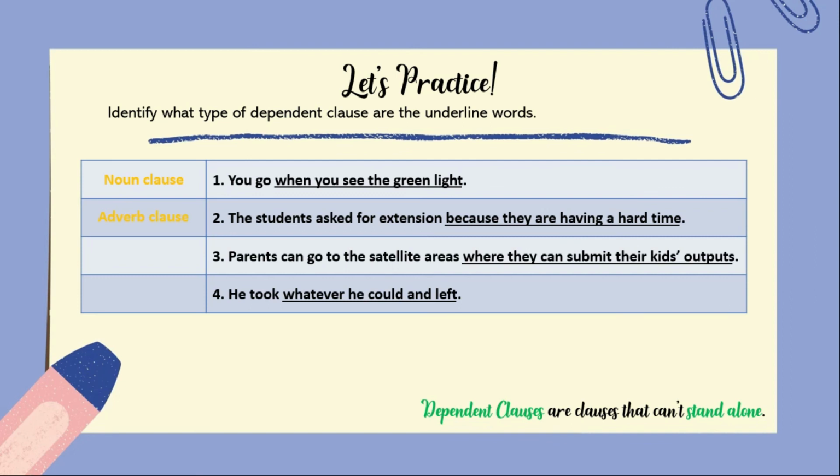Answer: adverb clause. Number 3. Parents can go to the satellite areas or they can submit their kids' outputs. Answer: adjective clause.